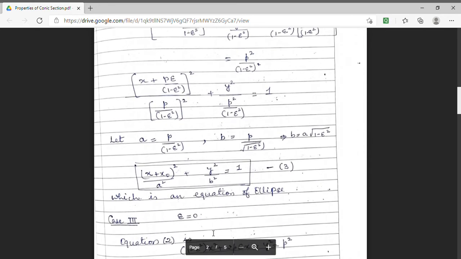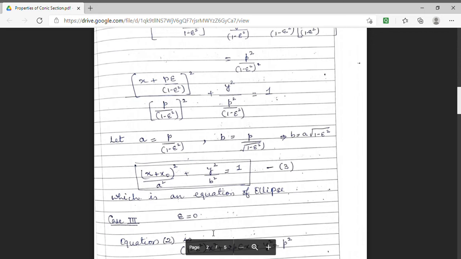So my expression will be x plus x0 upon a, whole square, plus y square upon b square equal to 1. a and b are semi-major and semi-minor axes of the ellipse. As we can see, this is an equation of ellipse. So the condition epsilon less than 1 corresponds to the case of a conic section that is an ellipse.